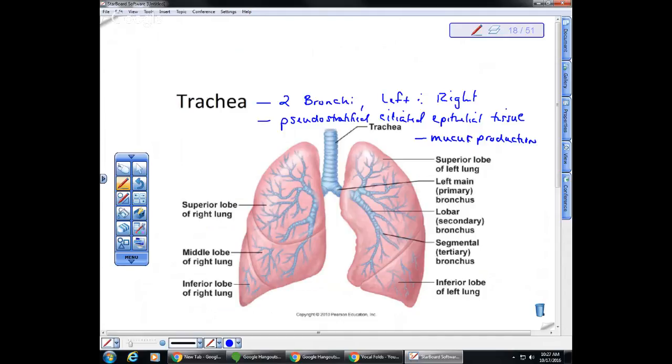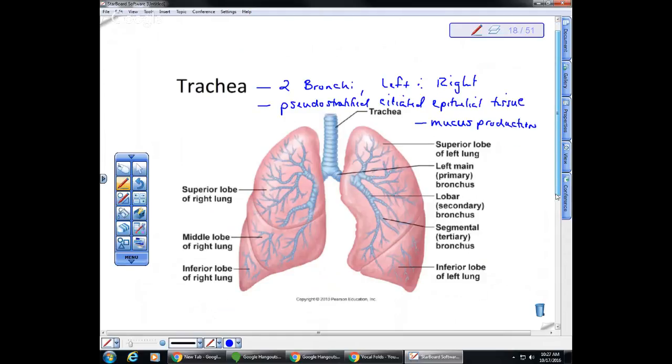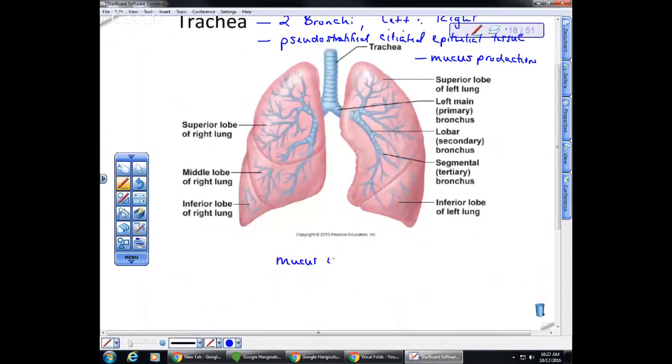So not only does our nasal cavity produce mucus, but so does our trachea. And this mucus serves the same function in that it captures debris that we breathe in. And during the night, for example, the trachea and the cilia are constantly moving that mucus back up to the throat. So the mucus is moved back up to the throat and then swallowed.